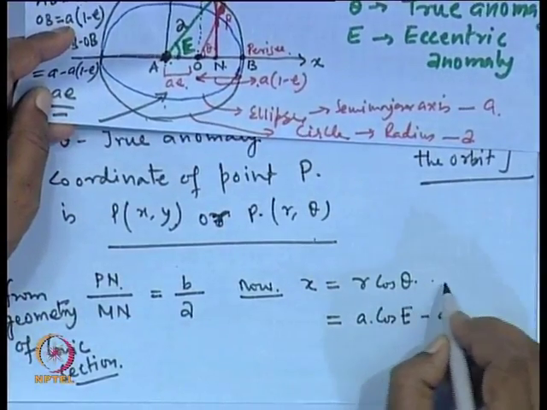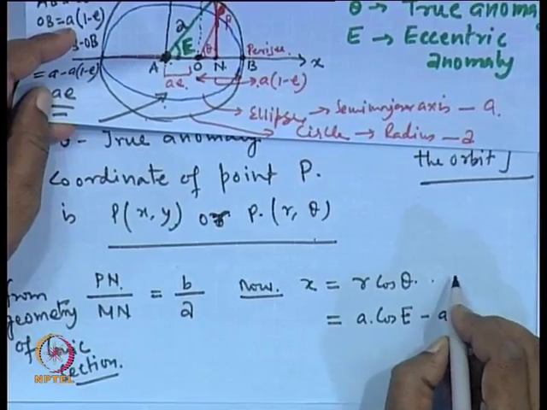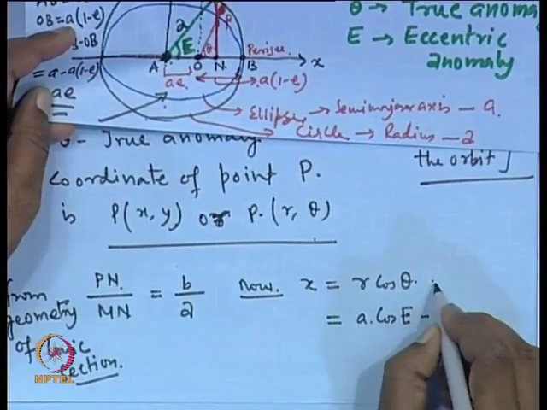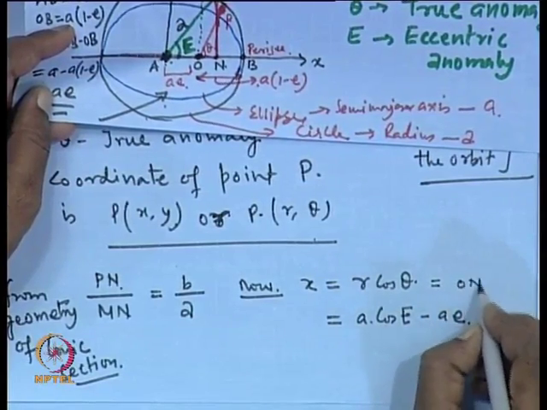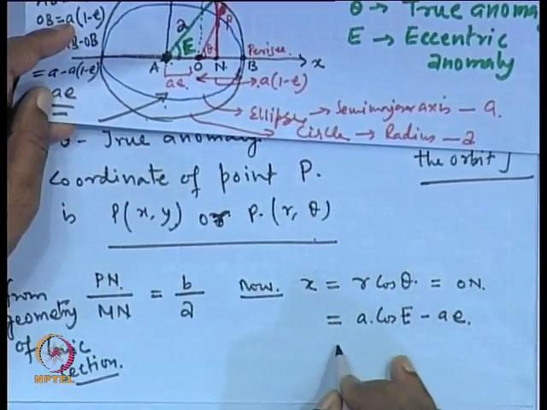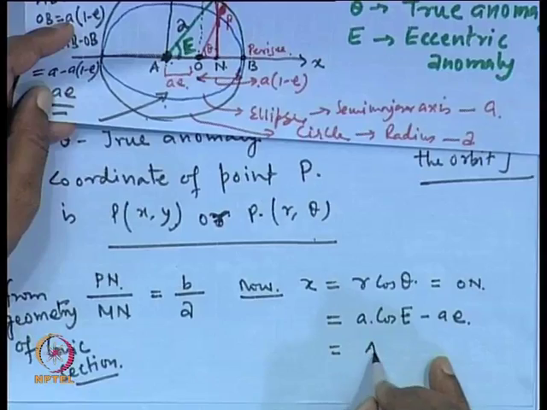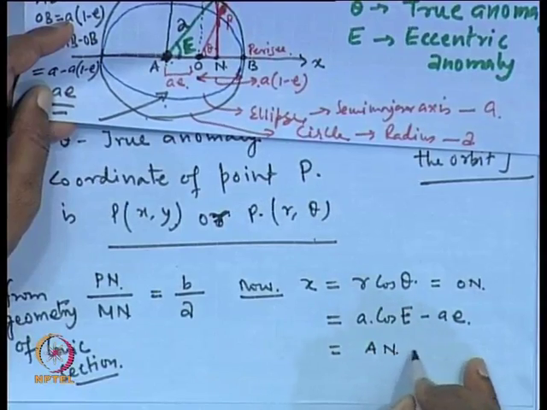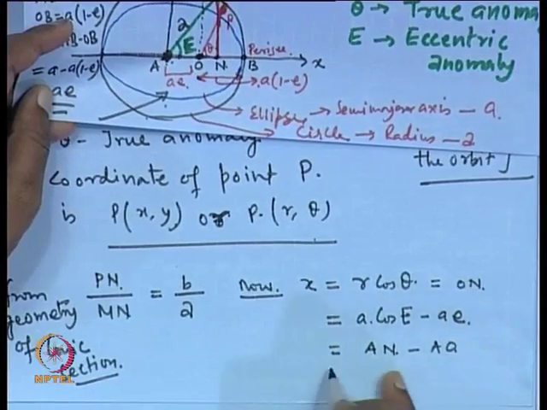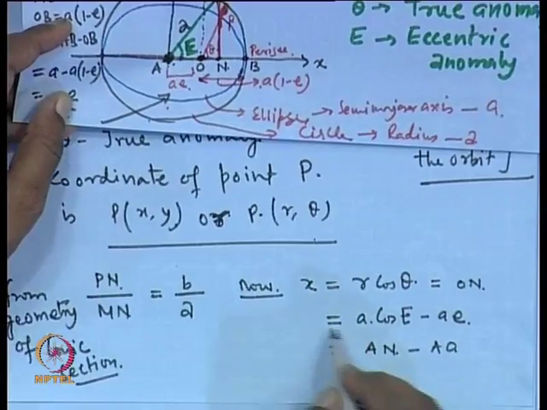So, x is equal to r cos theta, this is nothing but O n. Basically, what we have written is nothing but A n minus A O. Okay.